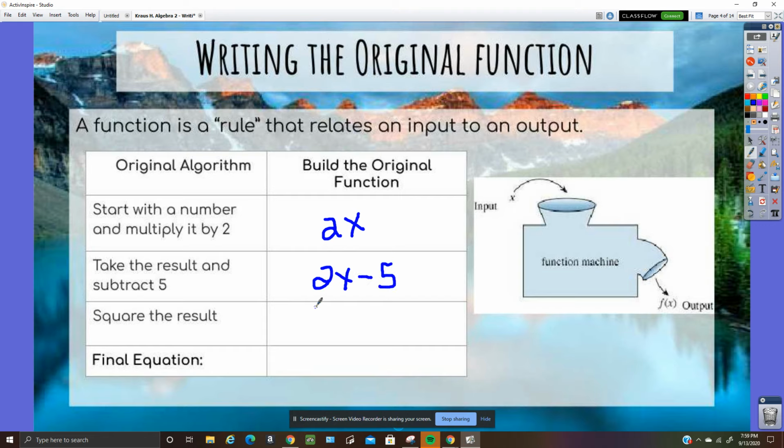And then square the result. And then the original function would be f of x equals 2x minus 5 squared.